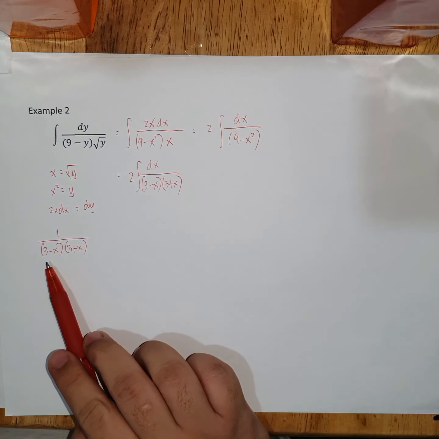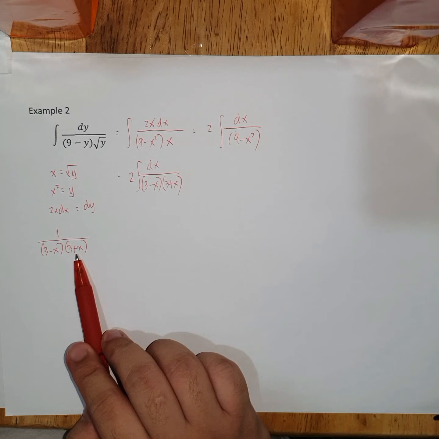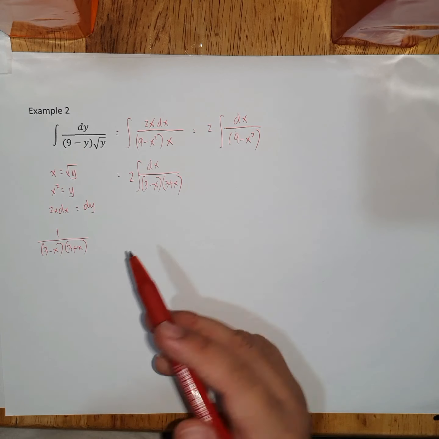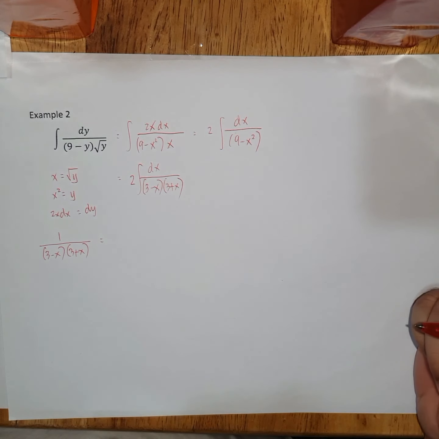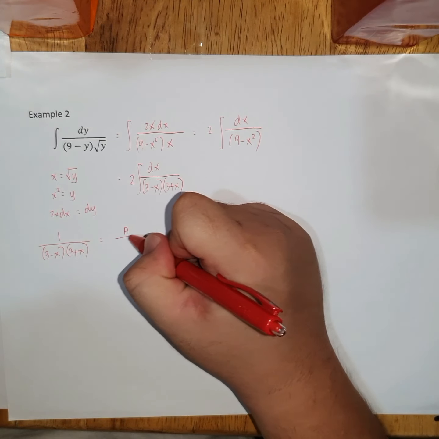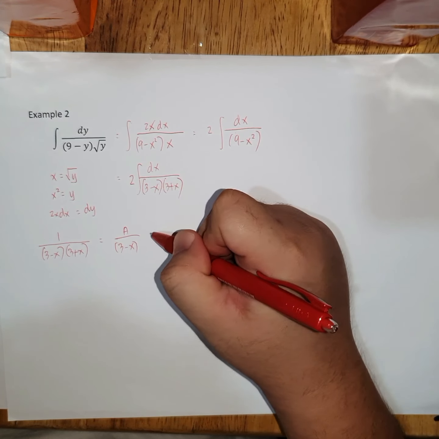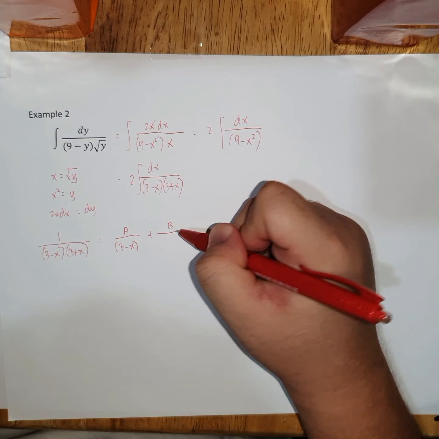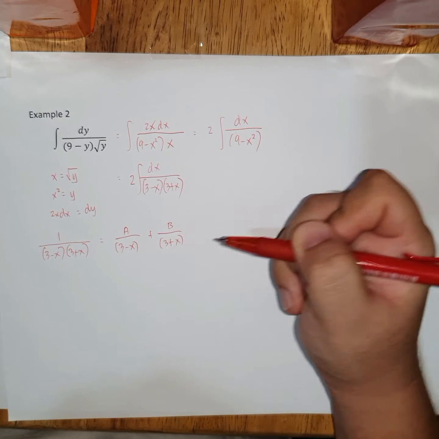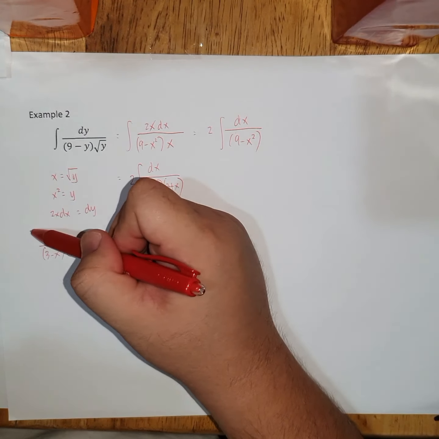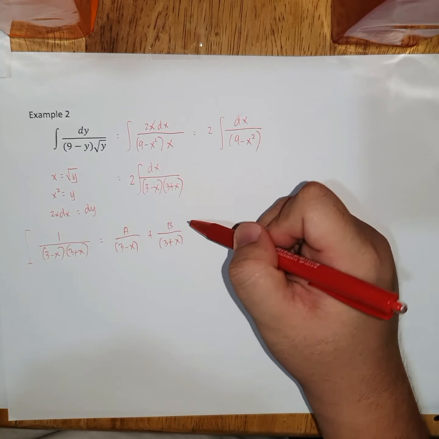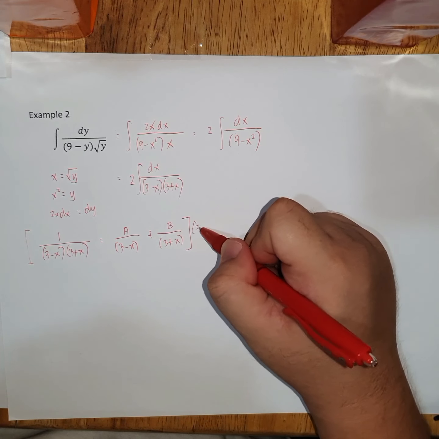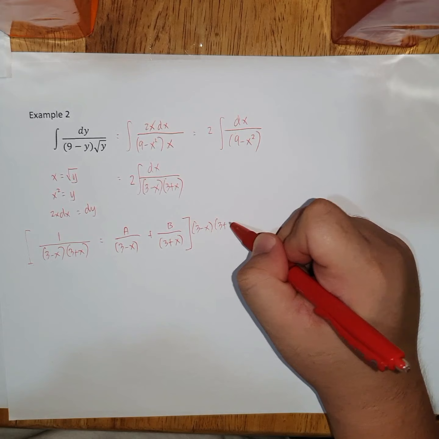We have two linear factors, so we will have two terms: a over 3 minus x plus b over 3 plus x. To simplify, we multiply both sides of the equation by the common product, 3 minus x times 3 plus x.